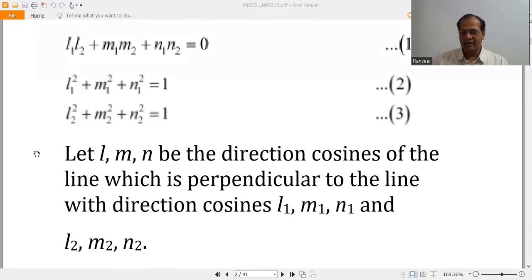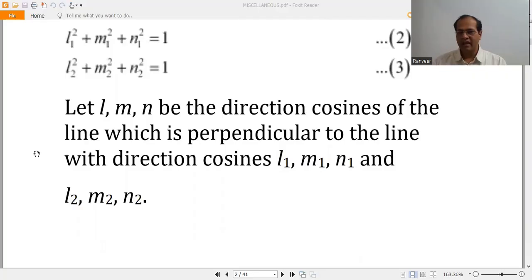Now l, m, n are the direction cosines of the line perpendicular to the lines whose direction cosines are l1, m1, n1 and l2, m2, n2.